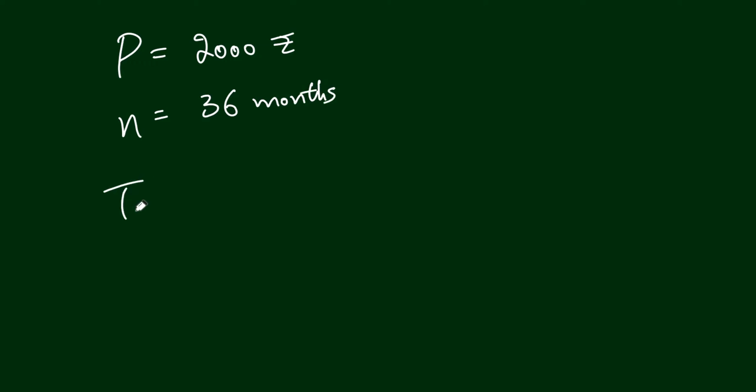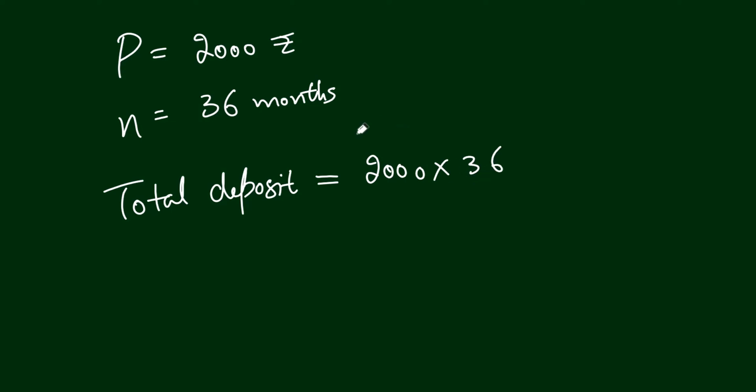What is the total deposit with the bank? That I can simply know. 2000 for 36 months means the total amount will be 2000 into 36. So it became a formula: total deposit is P into n. And when you calculate that, it's 72,000, right?